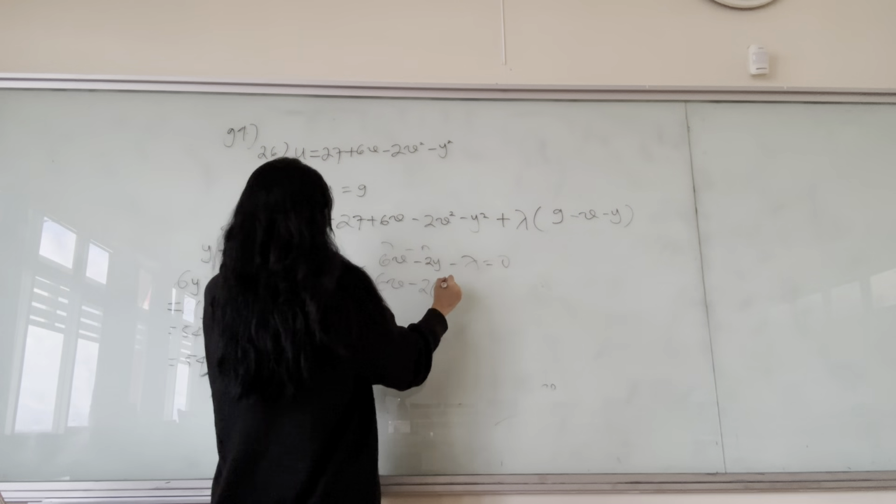After we got the second partial derivatives, we test the discriminant: the second derivative of x times the second derivative of y, minus the mixed derivative of x and y squared. So this is the formula.